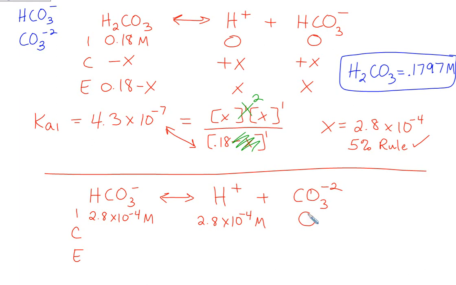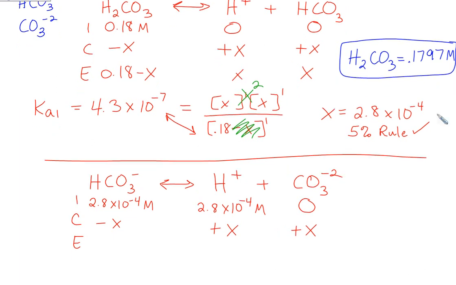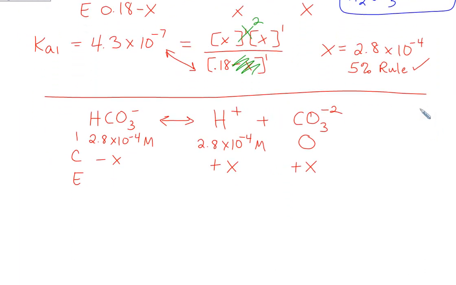We're going to shift it forward. We're going to consume some of this hydrogen carbonate ion and we'll produce a little bit more hydrogen along with some carbonate ion. So at equilibrium, we can plug this in and we have our second K value.